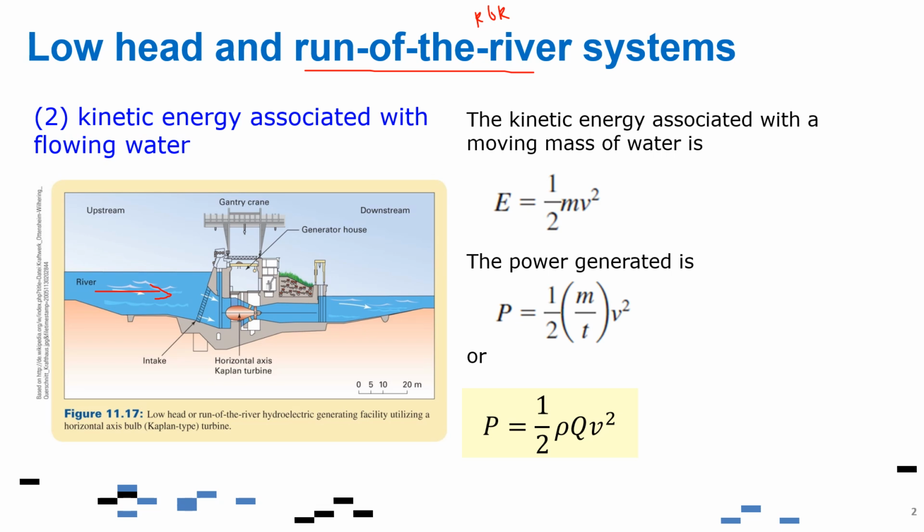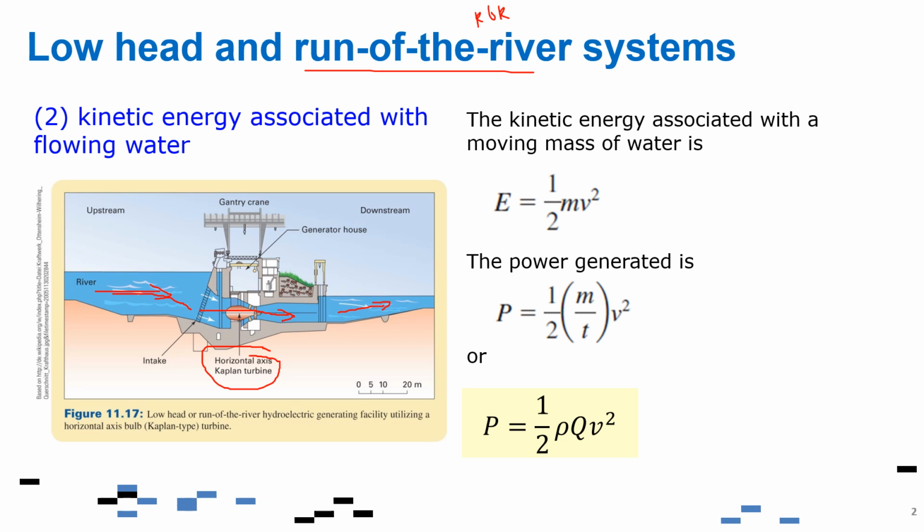In this case, you are not trying to be a barrier to the river; the river just flows through the turbine. It's a Kaplan type of turbine, put in as a vertical or horizontal type. The flow goes directly through to the other side, and the continuous rotation generates electricity.